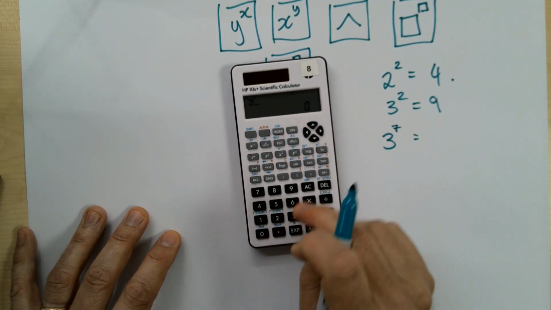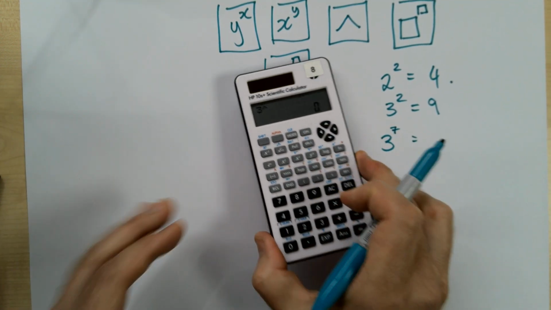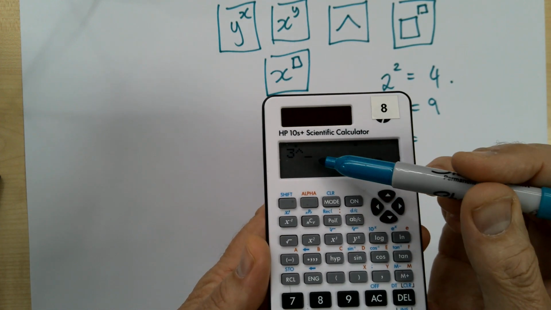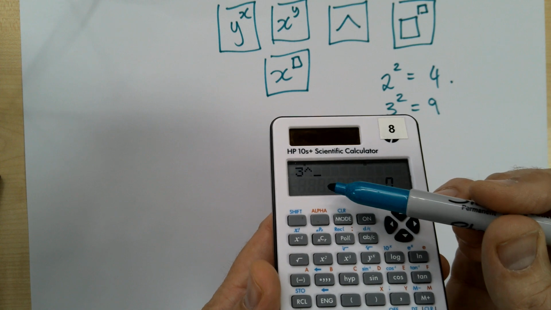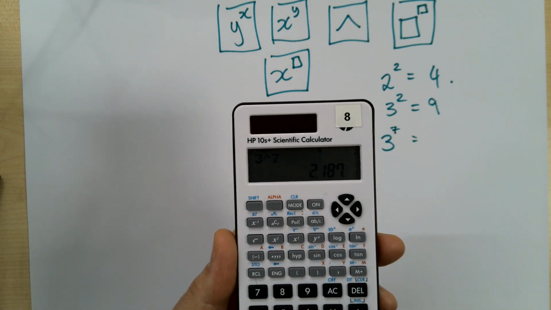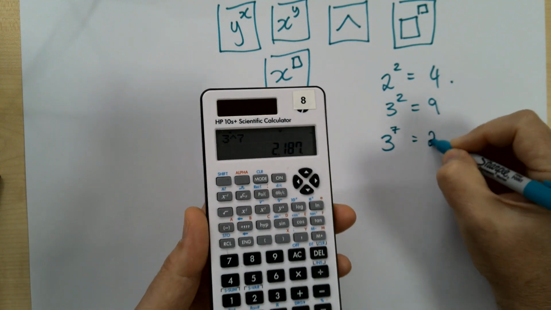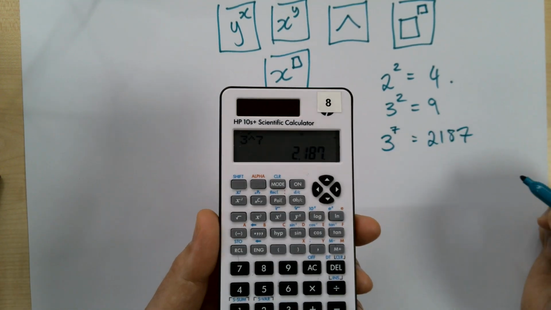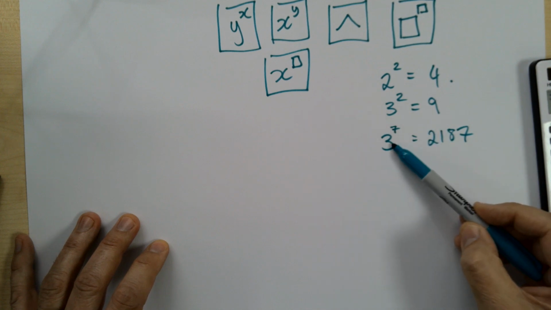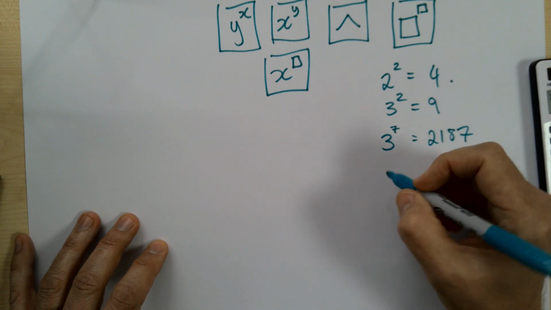So I'm going to go 3, and when I hit that button, it has the little upward arrow there. That's the sign for to the power. To the power of 7 is 2,187. Now, obviously, I can't do that in my head, but what it's done is multiplied 3 by itself 7 times over.